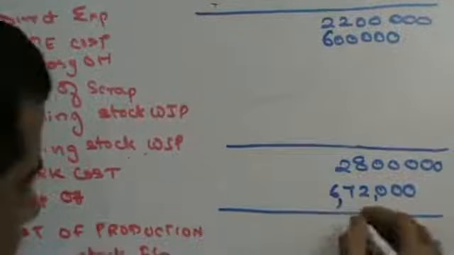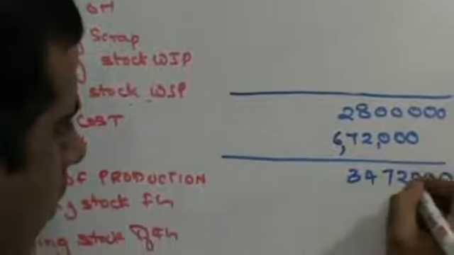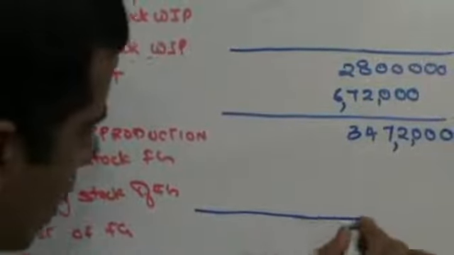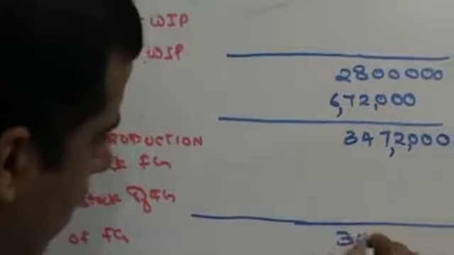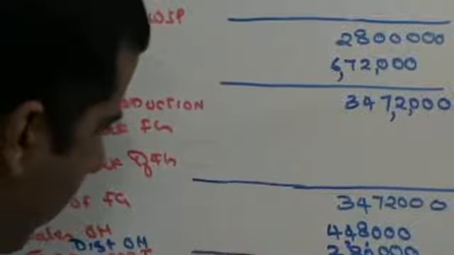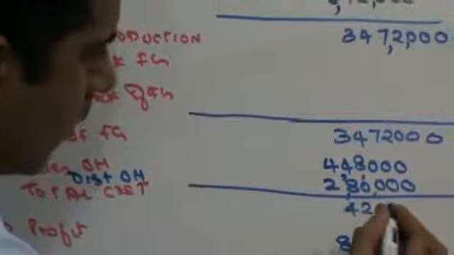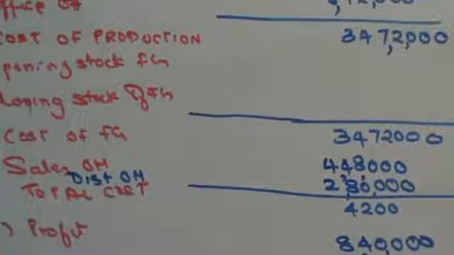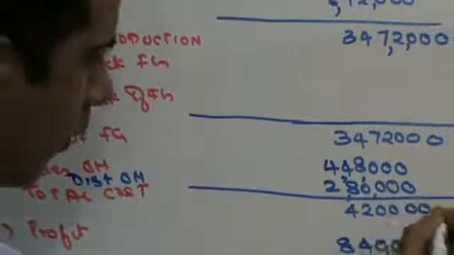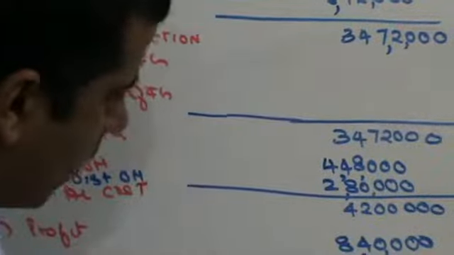And cost of production 34 lakhs 72,000. There's no opening and closing stock of finished goods. So cost of finished goods is again 34 lakhs 72,000. Total cost is 42 lakhs. Sales is 50 lakh 40,000.